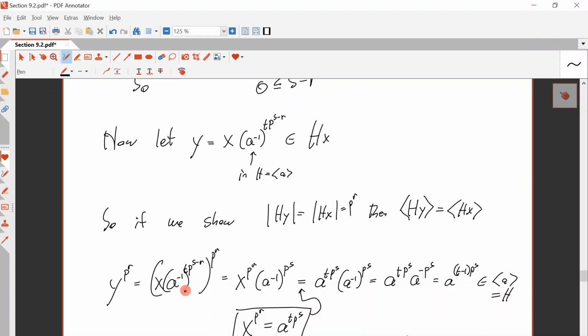So there's a t here, a t here, tp to the s here, minus tp to the s here. So now this product is a to the 0, which is equal to 1.